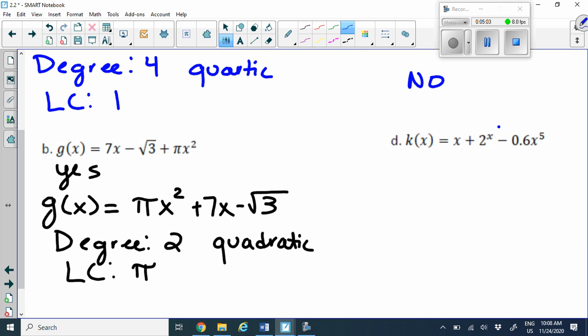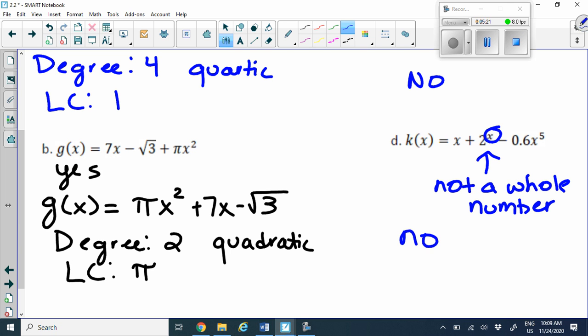Ooh, I see actually that one of the exponents is a variable. So that is not a whole number. Remember, a whole number is basically a number 0 and up, okay? So since one of our exponents is not a whole number, then no, this is not a polynomial function. Okay, make sure you watch part 3 of this section.